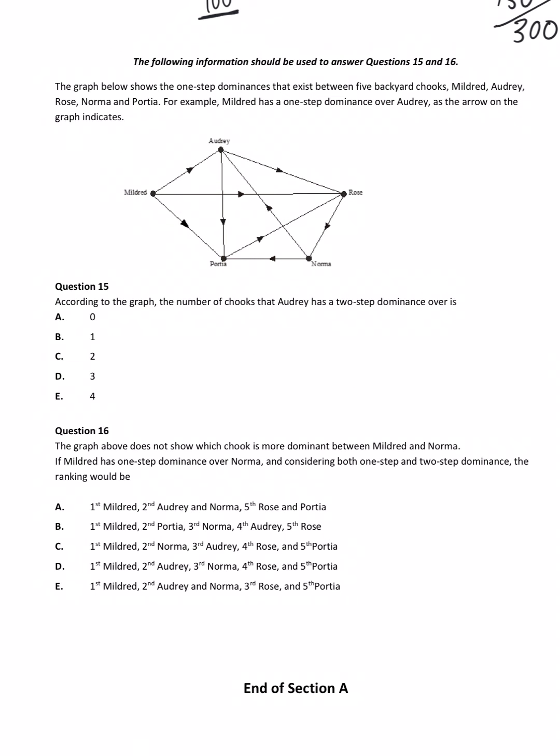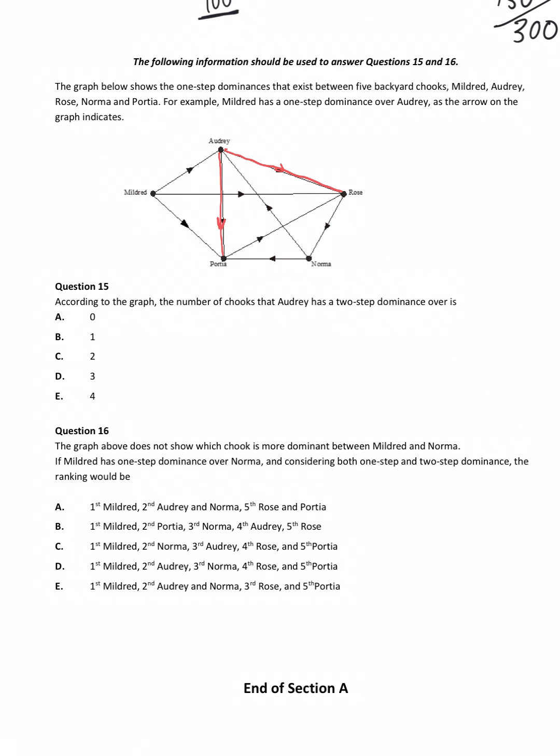So there's a couple ways of doing this. If we look at Audrey, to find the two-step dominance, that pretty much means that Audrey beats someone, and they go on to beat someone else. Audrey has a one-step dominance over Portia and over Rose. I don't think there's anyone else.